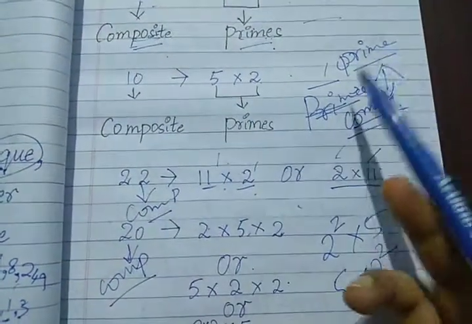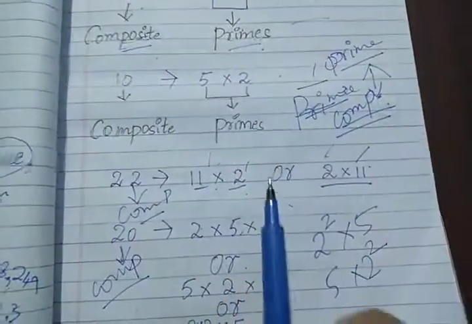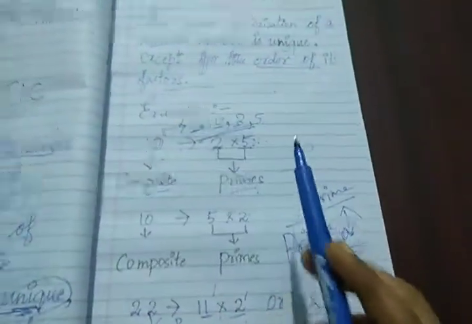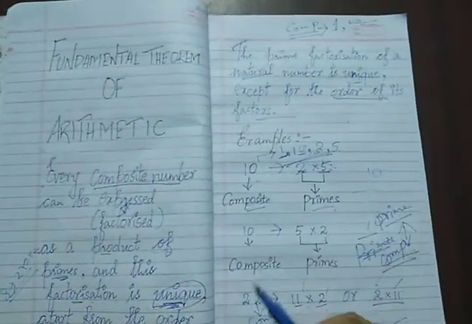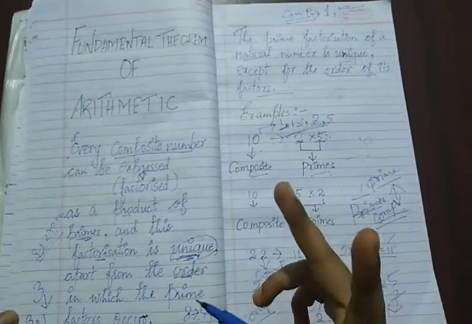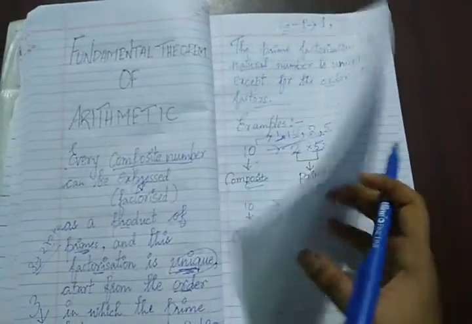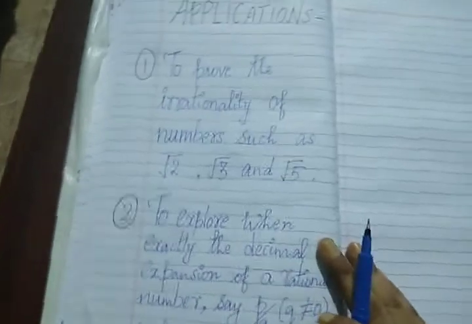The order of the primes can change, otherwise it is a unique factorization. The fundamental theorem of arithmetic has various applications in the field of mathematics, but in class 10 we'll be using it for two main purposes. Now I'll tell you about the applications of the fundamental theorem of arithmetic in class 10.